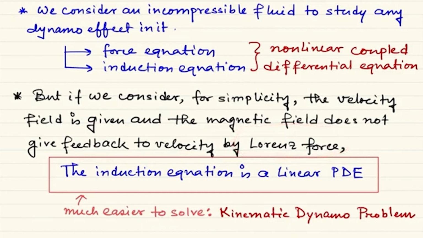Now, in the next discussion we will discuss very briefly one theorem and one qualitative idea of turbulent dynamo, to see how in a very simplistic way we can try to solve the problem. Of course, this will be done in a very superficial manner.